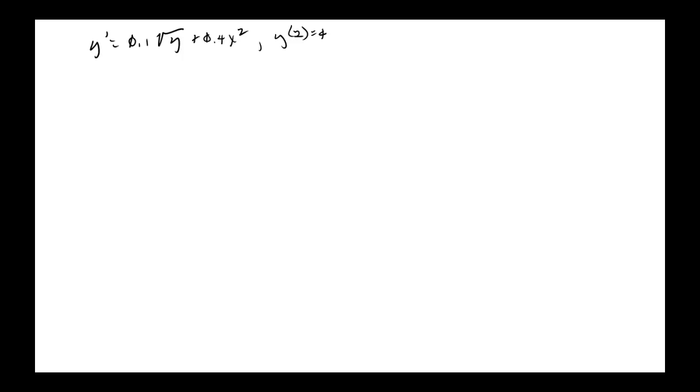We're going to try to get to y of 2.5, and we're going to do that first using h equal to 0.1, and then we'll do it with h equal to 0.05. I'm not going to do all those, I'll promise you. So let's do, again, this is your f of x, y is equal to that thing.